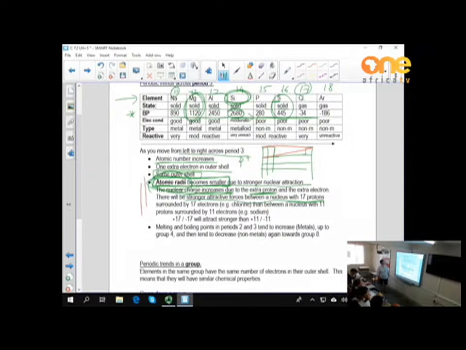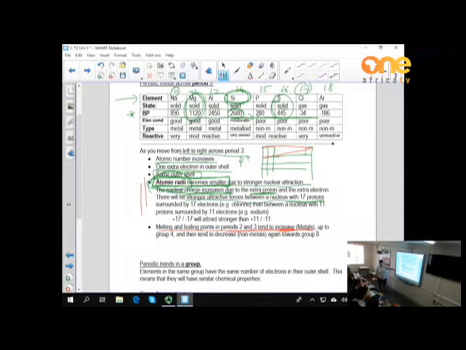They say there's another trend in melting and boiling points. They say melting and boiling points in periods 2 and 3, so here we have period 3, tend to increase among the metals. The more protons there are, the stronger the Coulomb forces, so the higher we find the melting and boiling points for metals.